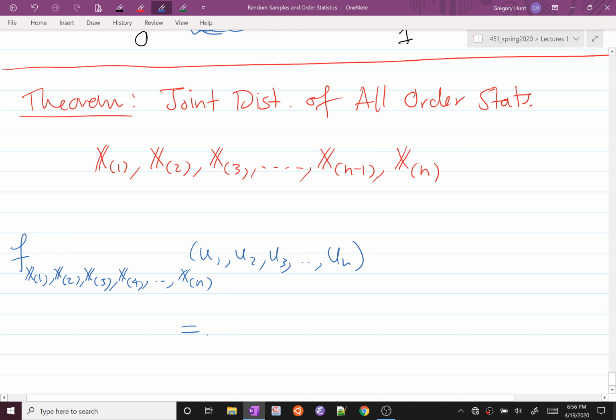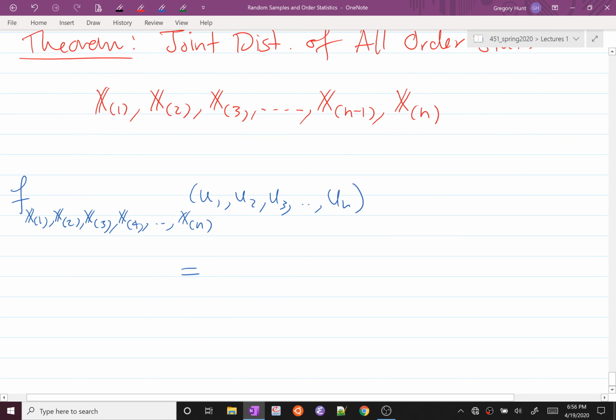So the univariate distribution of an order statistic, or the marginal distribution of an order statistic, was not super intuitive. The joint was even more of a mess. So you'd expect that the joint of everything together would be a real mess. Turns out it's not. It's actually really simple. The joint distribution of all order statistics is n factorial times the product, i goes from 1 to n, of the PDF of each of the values.